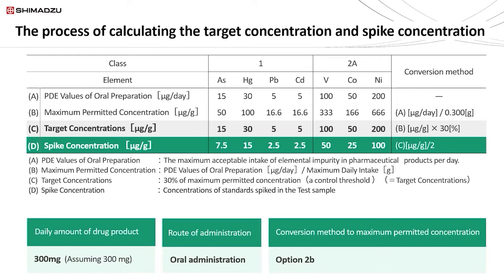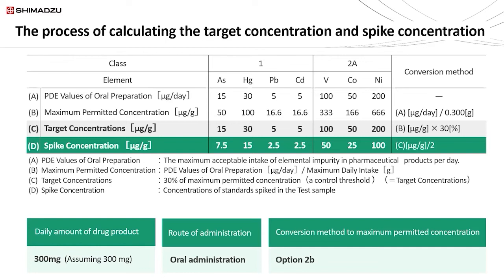The idea behind it, from my perspective, is that you have a drug and the daily intake value of that drug is something like 300 milligrams, which is common for something like a tablet. So what you do is you take the PDE value and divide it by 0.3 grams, and that gets you a concentration. So it would be 50 ppm of arsenic, 100 micrograms per gram, which is the same as ppm, for mercury, and so forth.